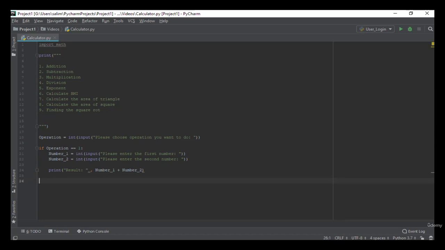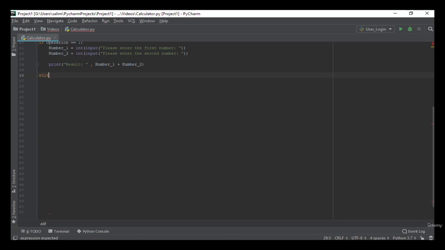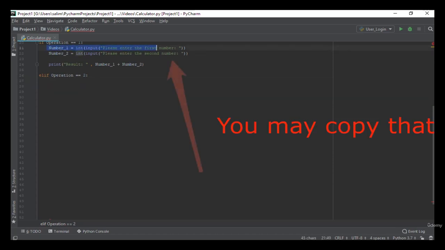The second one is subtraction. Again, we'll create two different variables named number 1 and number 2.